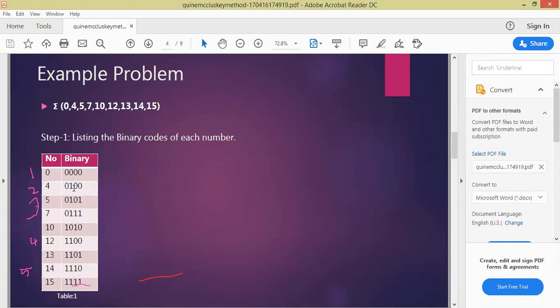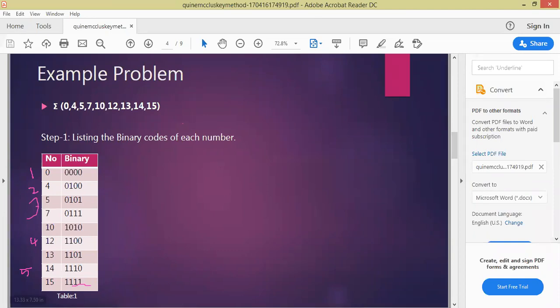This is the example taken, where the minterms are 0, 4, 5, 7, 10, 12, 13, 14, and 15. These numbers are written in binary code in table 1.